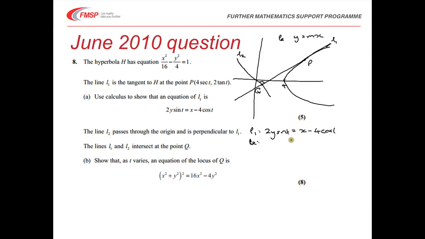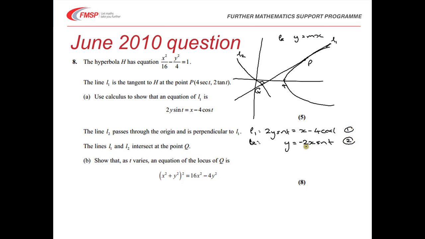So that means the gradient of L2 will be the negative reciprocal of that, which will just be minus 2 sine t. So that's just y equals mx with m being minus 2 sine t. So we've got two equations now, one for L1 and one for L2. Let's call them 1 and 2.